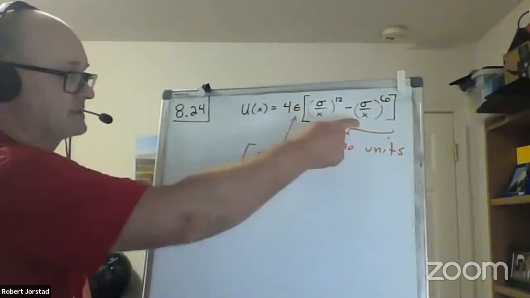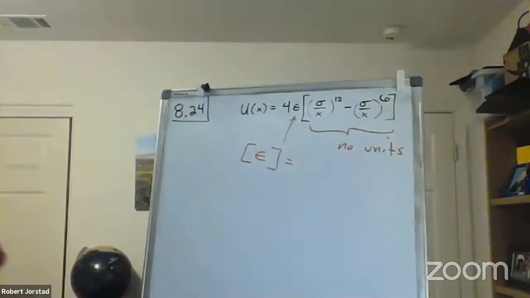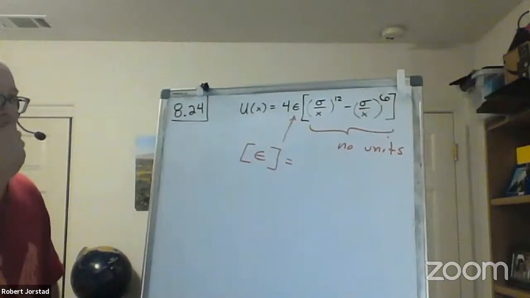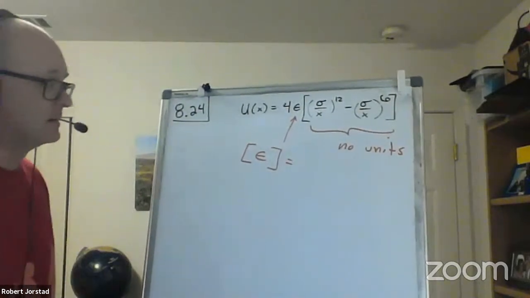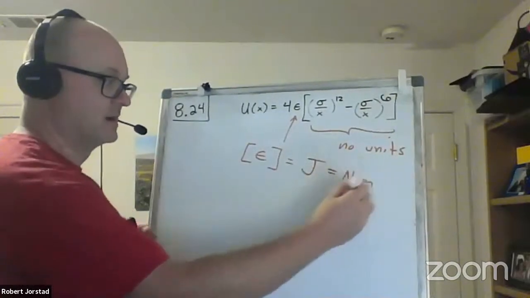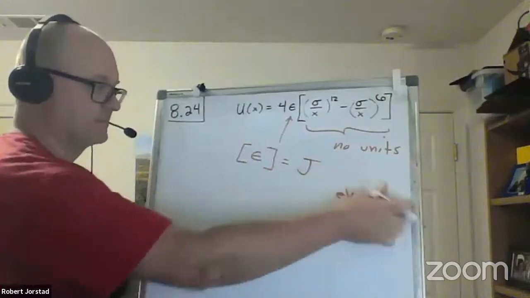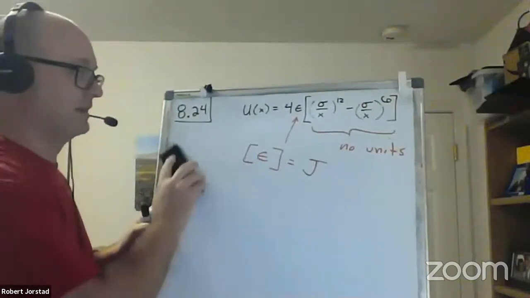This has no units. What are the units of this thing? What does this symbol mean? Potential energy. Yeah, what are the units of energy? Joules, yeah, or Newton meters, or you could say eVs or whatever, but generally speaking, we just say joules. All right, that's the units.